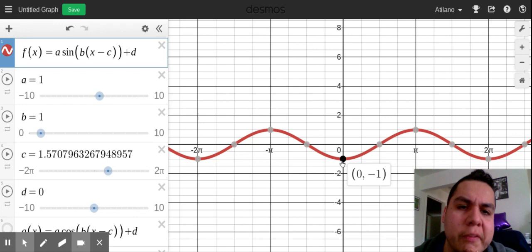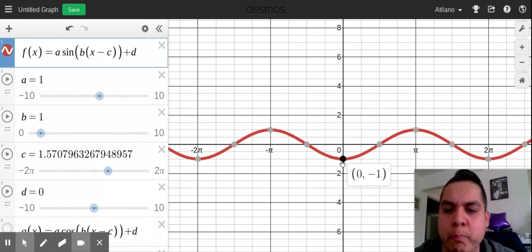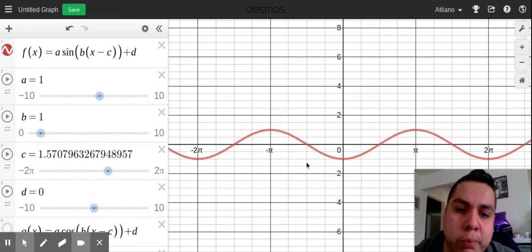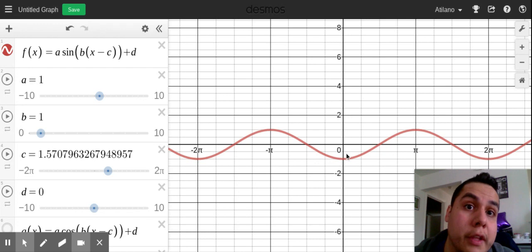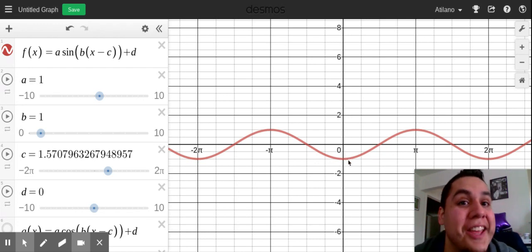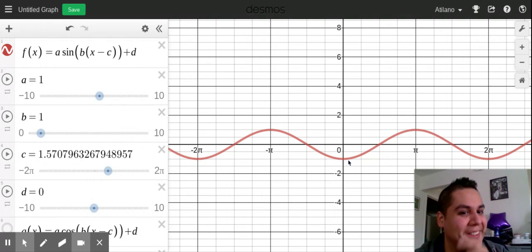I feel like I've seen this graph before. Okay. So it took this point that was here and it moved it to the left. Psych, I know my directions. That moved it to the right. Gotcha.